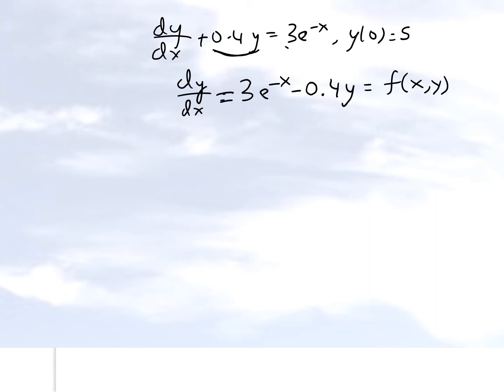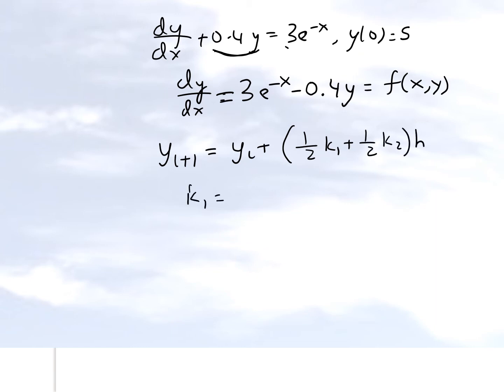So if I recall my equations for the Heun's method, those are given by this formula right here. I have to find k1 and k2. k1 is nothing but the value of the function at these values of x and y, and k2 is the value of the function at xi plus h and yi plus k1 times h.